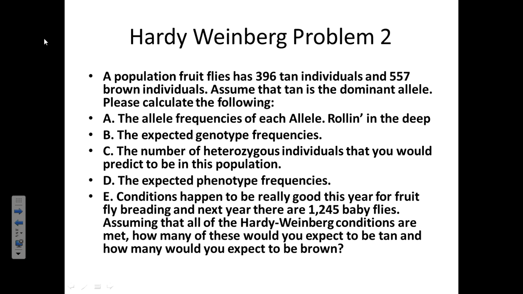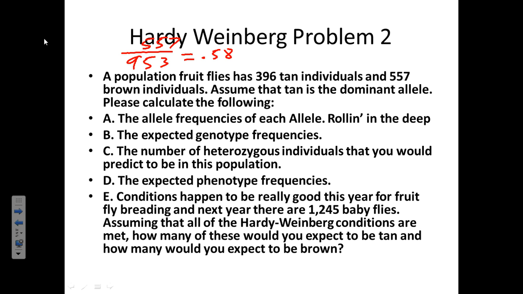First thing we need to do is add up 396 and 557, right? Add them up, figure out how many flies we have. So we have 953. Out of that 953, 557 are recessive. If we take that 557 divided by 953, we get 0.58.